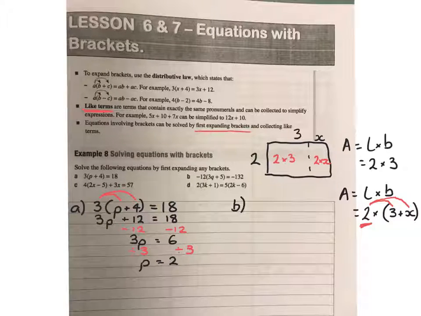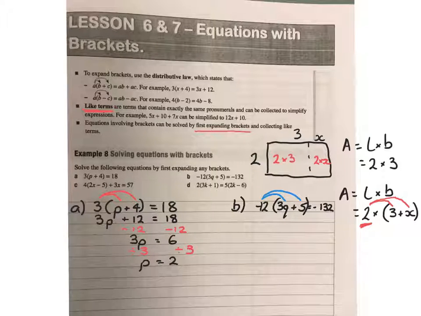Okay, when we look at equation B, we've got negative 12 outside of 3q plus 5 equals negative 132. Forgot to close my brackets there. Okay, so then same thing, I'm going to start by expanding out my brackets. So negative 12 is going to go to each of those 2 points.